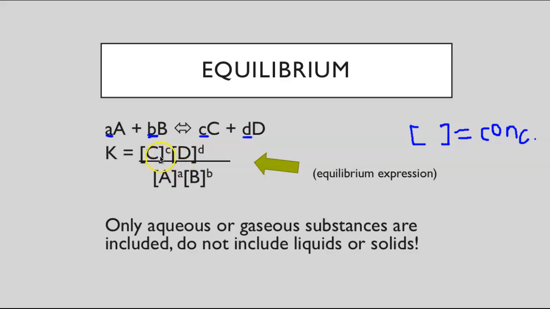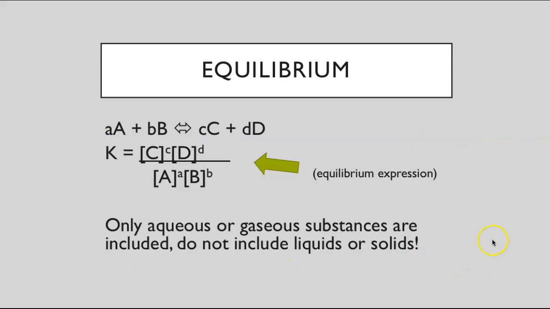This is multiplication. So it's the concentration of C raised to its moles times the concentration of D, and same with A and B. And it's products over reactants. Now, the other thing is that when we're looking at things at equilibrium, we only pay attention to substances that are either aqueous or gases. Liquids and solids are not included in the equilibrium expression.